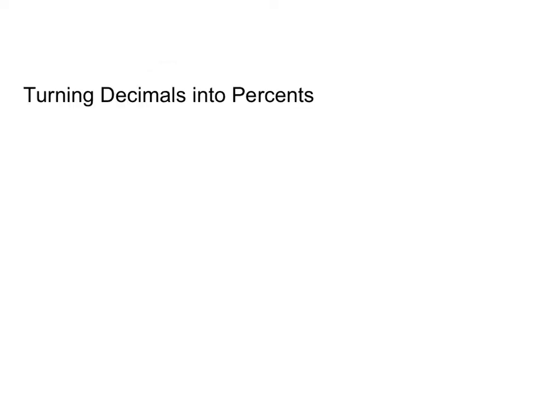Okay, so we need to learn how to turn a decimal into a percent. So we remember that 15% is equivalent to 15 out of 100, right? That's like the definition of a percent. So we're going to use that fact to be able to make these conversions.